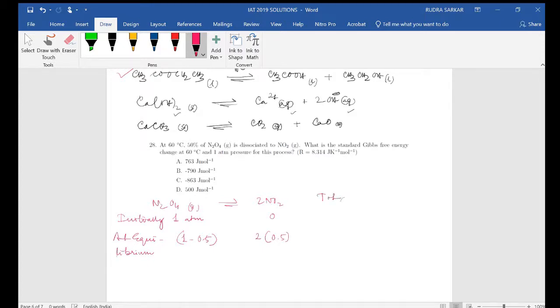Total number of moles at equilibrium, what is that? 0.5 and this will be 1. So it is going to be 1.5 moles.